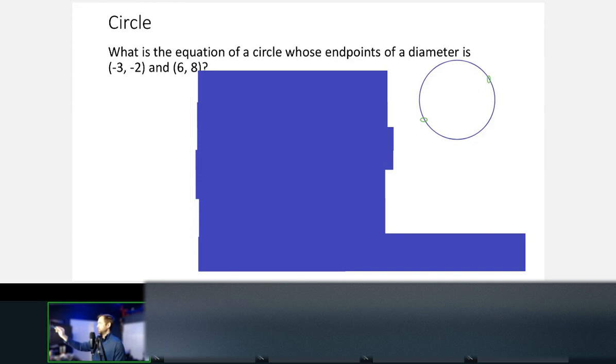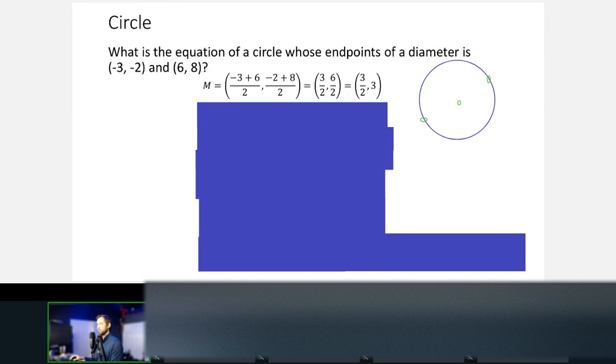And how do you find the center given two endpoints? Yeah, we just use the midpoint formula, and hopefully you have that written down somewhere. So we add the x's divided by 2, we add the y's divided by 2, and we simplify. And for this problem, we do have a fraction for the x value, and that can happen.